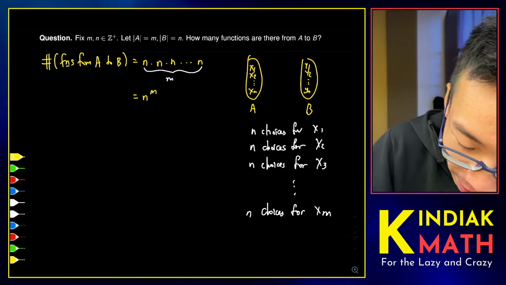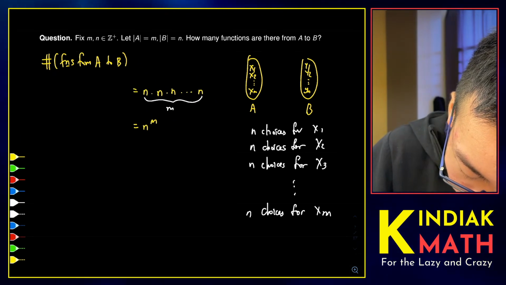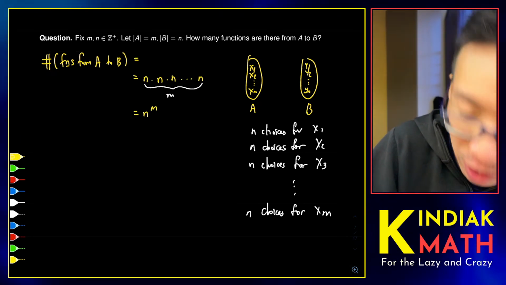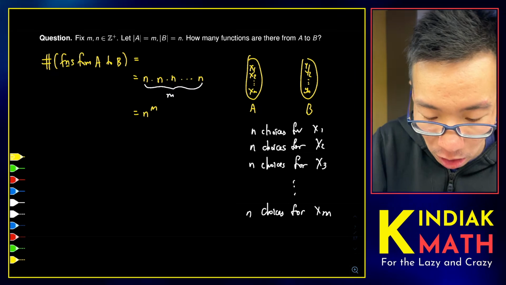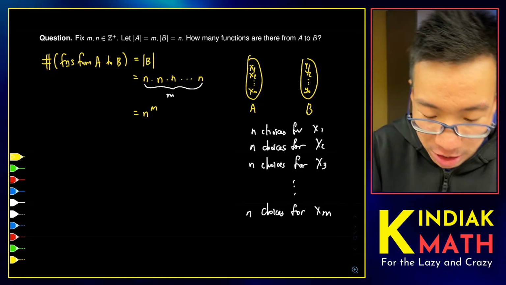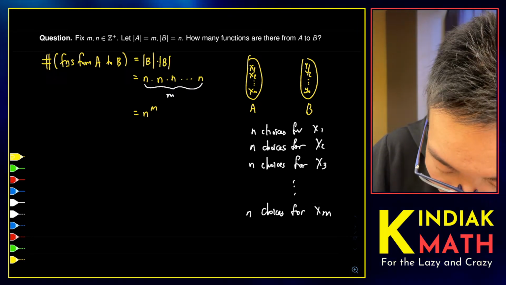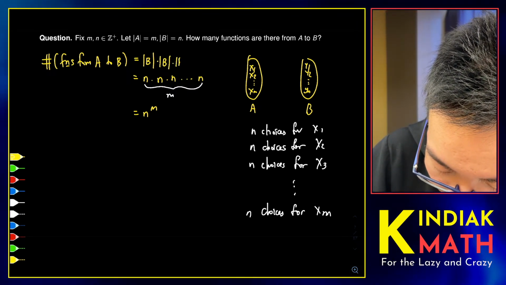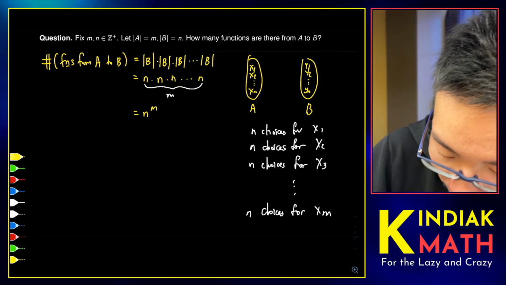Now, we can write it this way. In fact, I'm going to quickly write the notation this way because I've seen this notation appear before. There are a total of modulus of B, or cardinality of B, options, for a total of how many times?